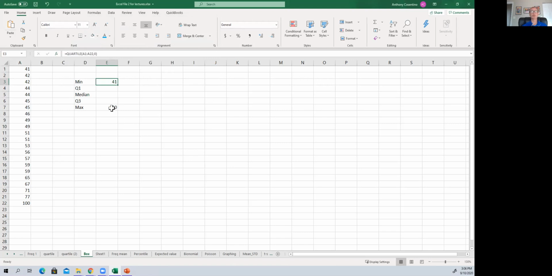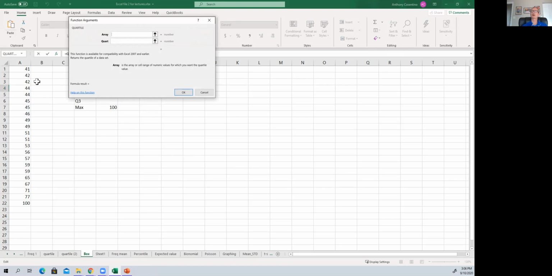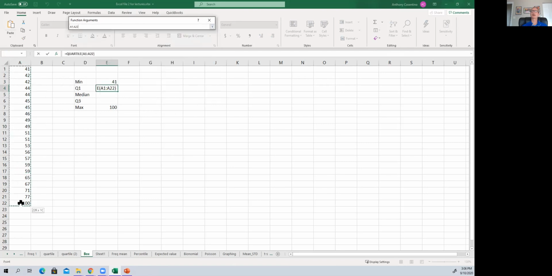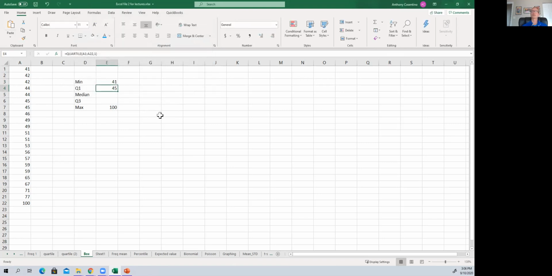You could do the same with the maximum. But the ones that are a lot harder to calculate, where it's nice to use the functionality, are the quartiles. So again, you highlight the data set, type in 1 for quartile number 1, and we get the number 45. Median would be typing in 2.